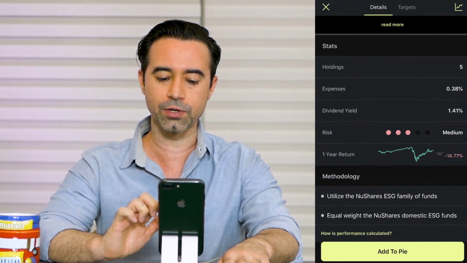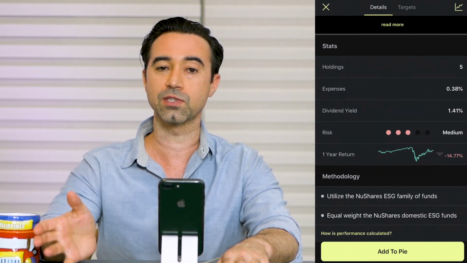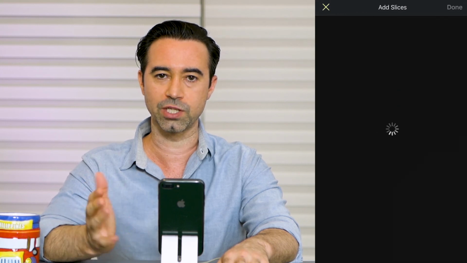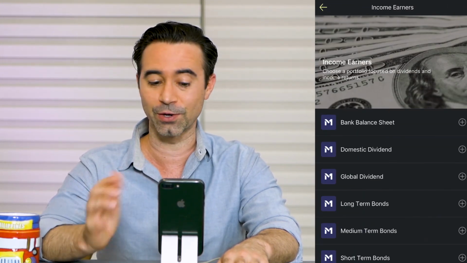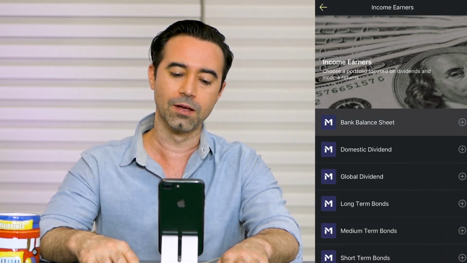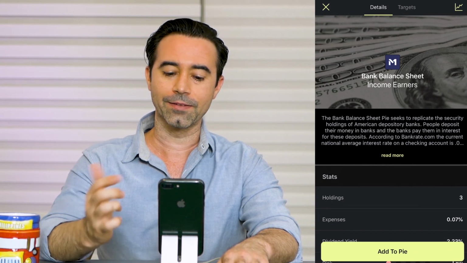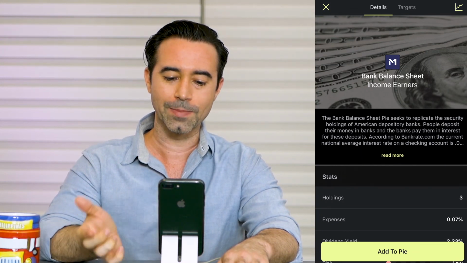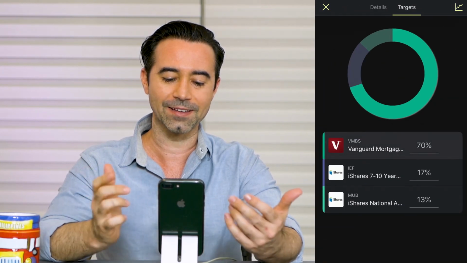There's also income earners. They have both conservative options, so a bank balance sheet might be a little, well, actually that's not conservative. It invests in mortgage-backed securities. Now let's take a look at it. If you know what mortgage-backed securities are, there's this Vanguard mortgage-backed securities fund, so it invests in that.